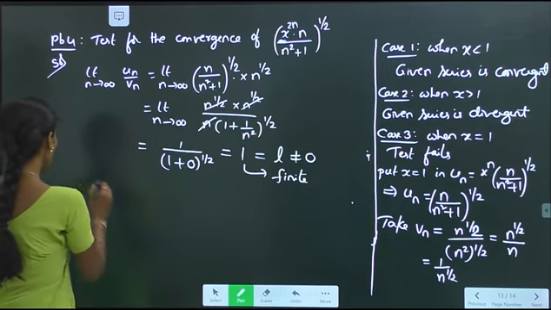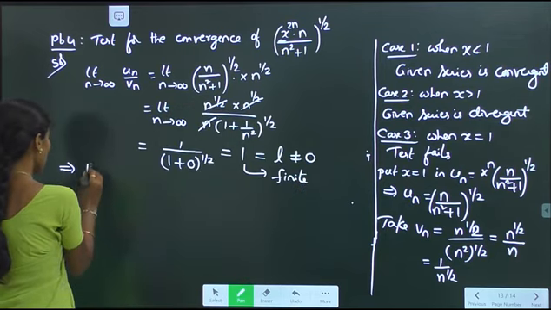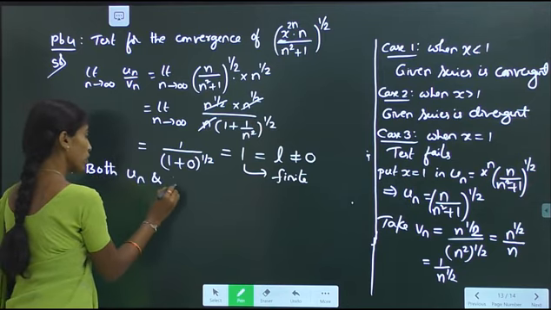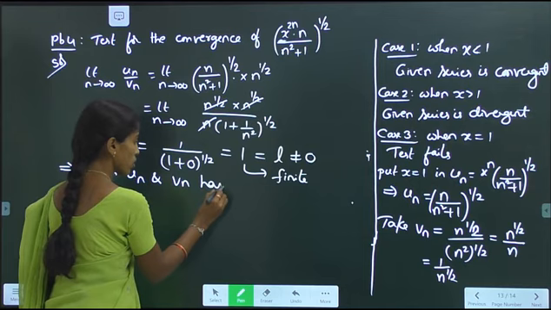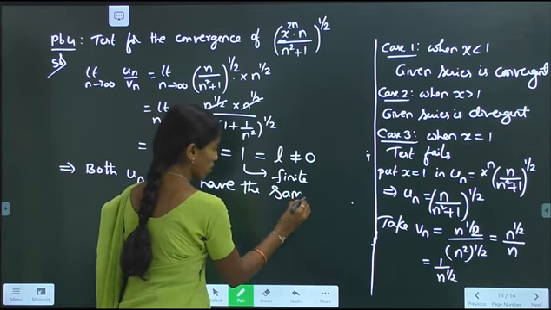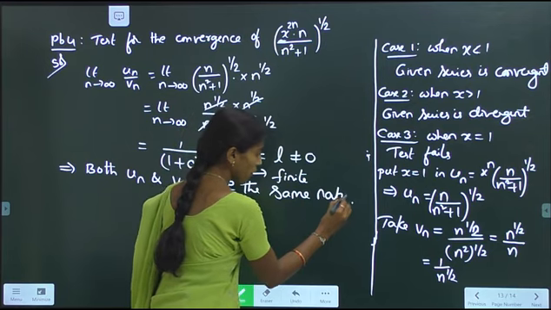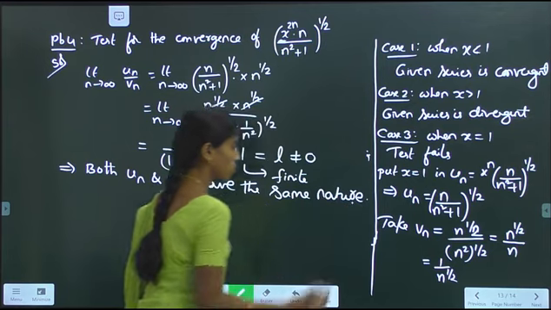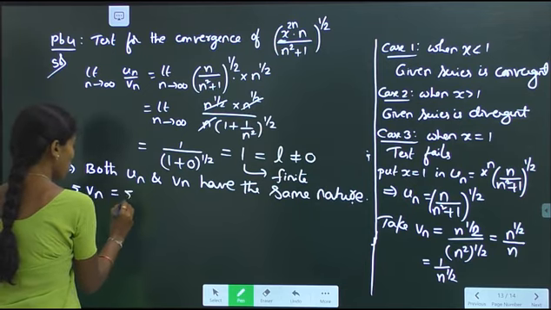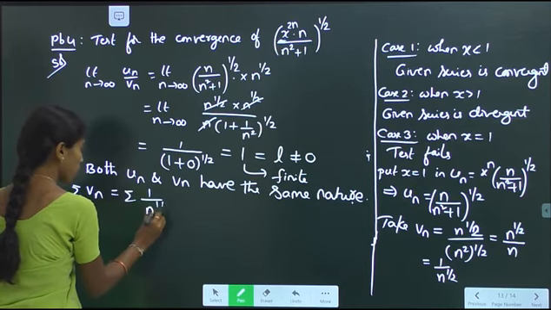So what is the conclusion from this one? Implies both un and vn have the same nature. Now what is the nature of vn? Sigma vn is equal to sigma 1 by n power half.